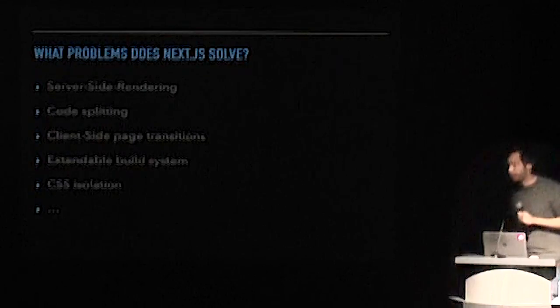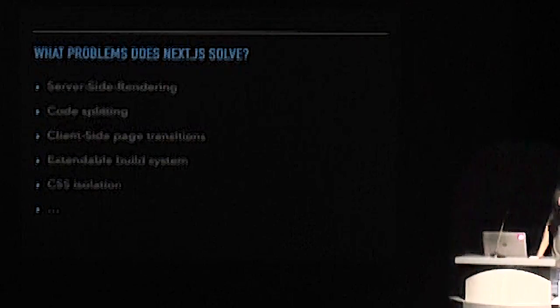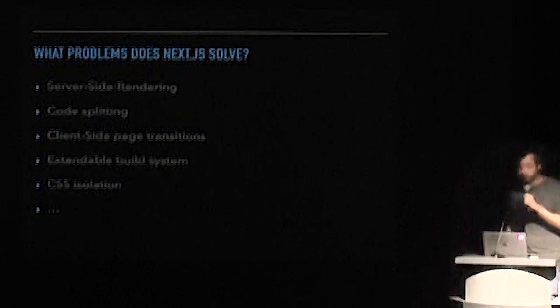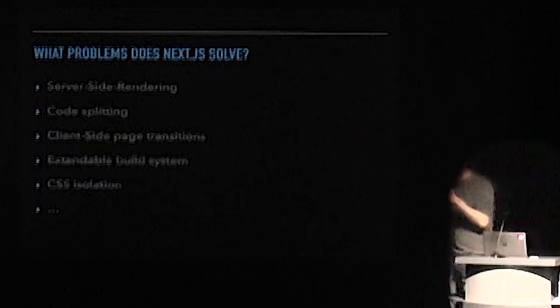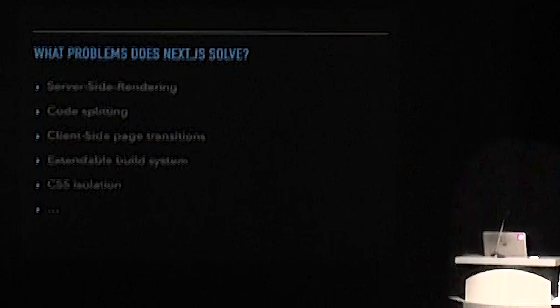The third thing it solves are client-side page transitions. If we have multiple routes in our app, and we do a normal page transition to another route, we are losing state. For example, in Redux, when you navigate to another route, the entire page gets loaded again, and our Redux store will be empty.